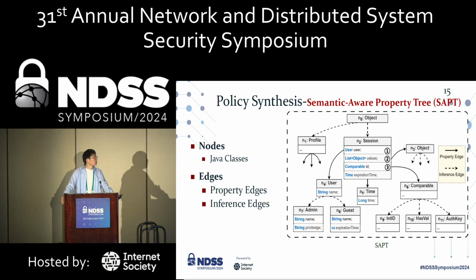The construction of SEPT starts with identifying its root node, which is the class returned by the deserialization entry. As the source code shows, the readObject method returns the Object class. Hence, the root node N0 of SEPT is the Object class. Please note that for each deserialization entry, DeseriGuard will build a SEPT and formulate a policy.